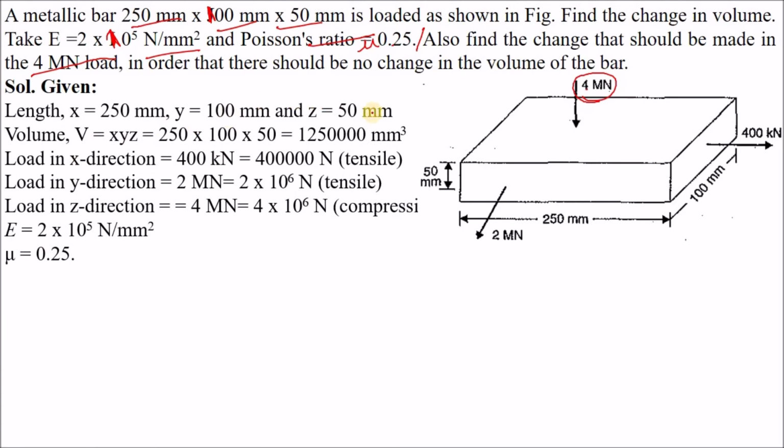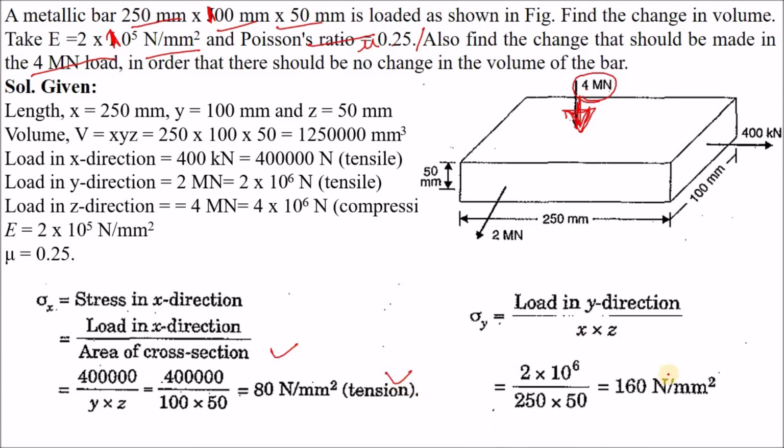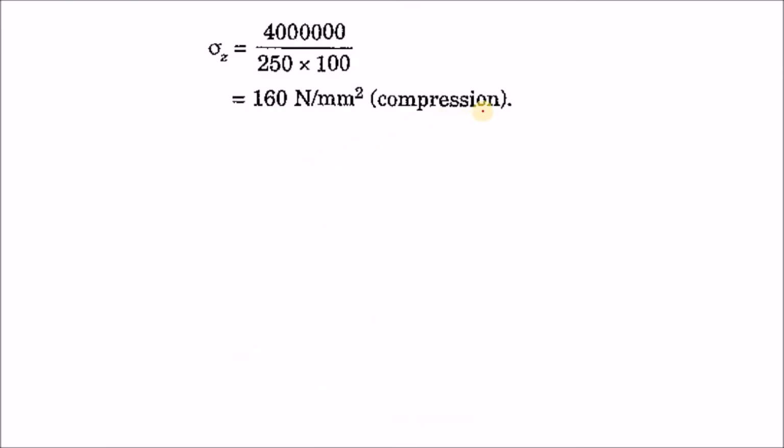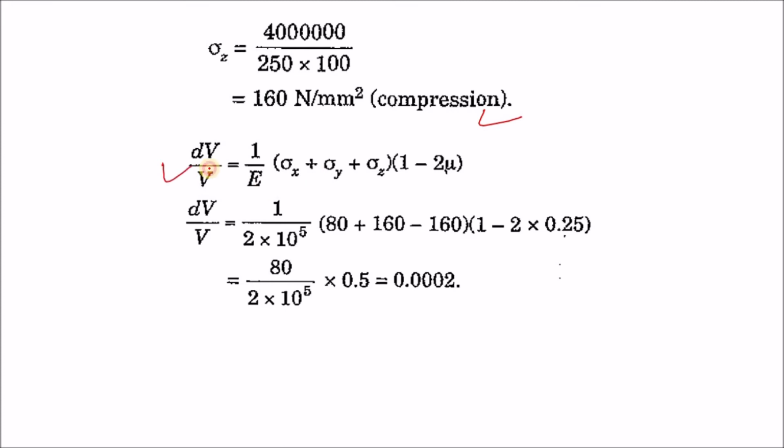First of all, write the given data similar to the previous question, but here one load is compressive. Please note down, one is compressive. Sigma x we can find out tensile, sigma y tensile, sigma z will be compressive because the load is compressive on the z axis. From the volumetric strain formula we can find out the volumetric strain.